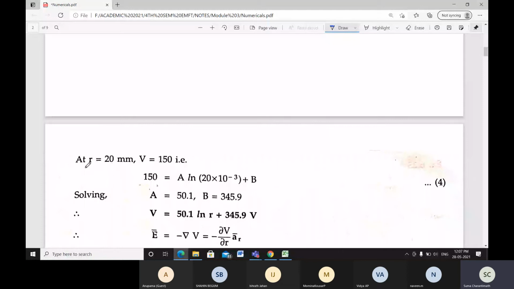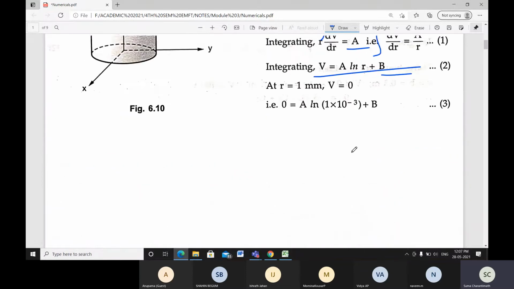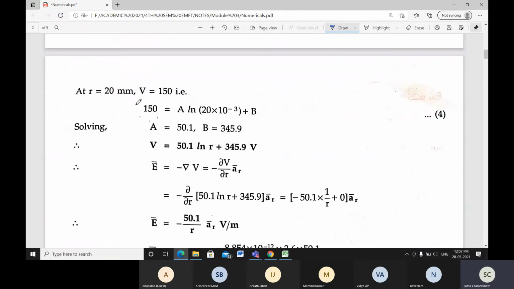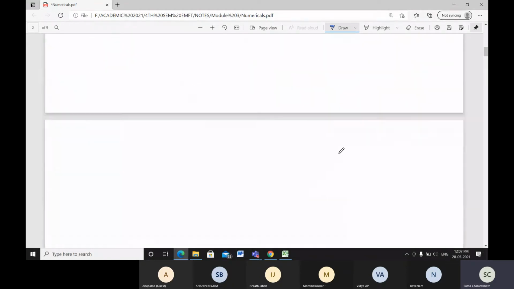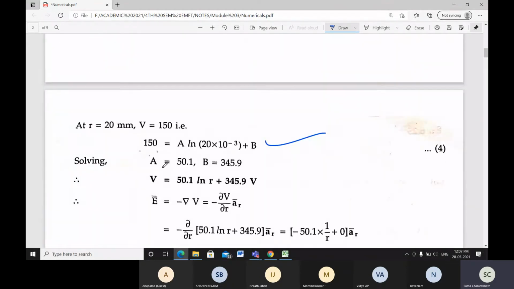Then substitute the second condition, r equals 20 millimeters and V equals 150. Substituting again, you will get 150 equals a ln of 20 into 10 to the minus 3 plus b. Then solve equation 3 and equation 4 to get a and b. Use a calculator, or just go on substituting. It's simple maths, you can do that.